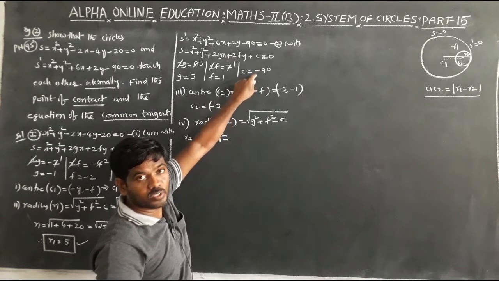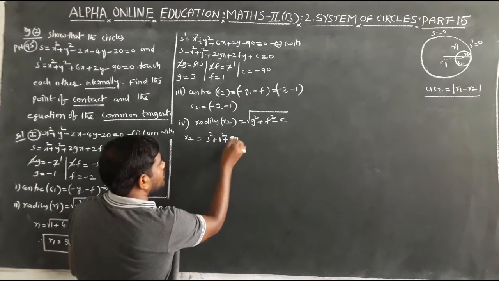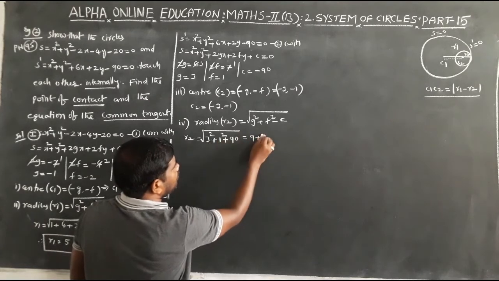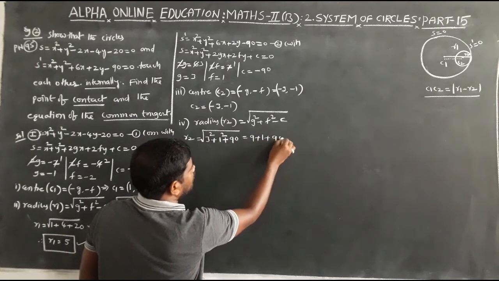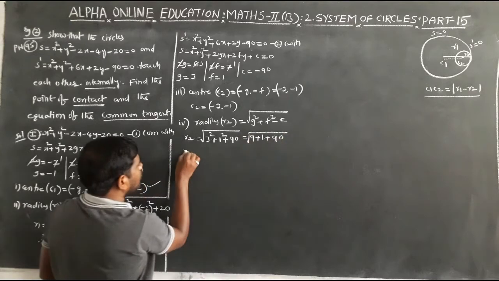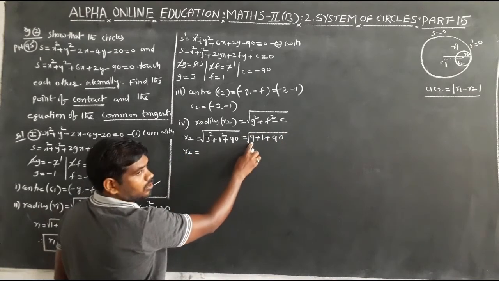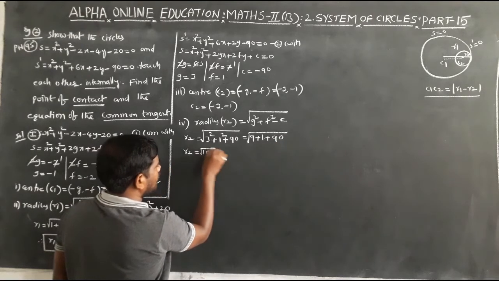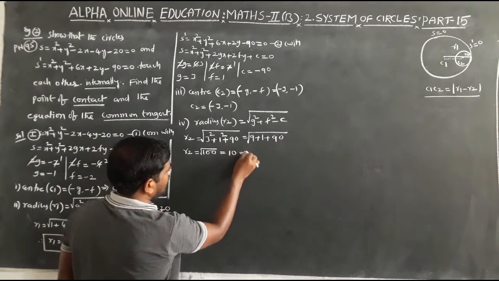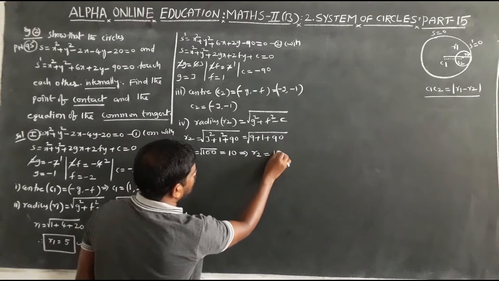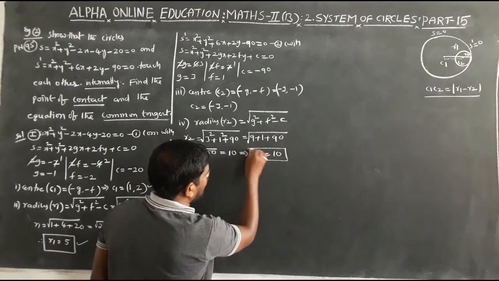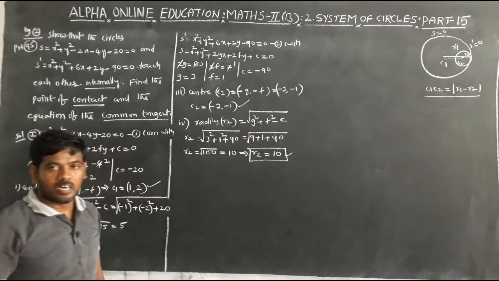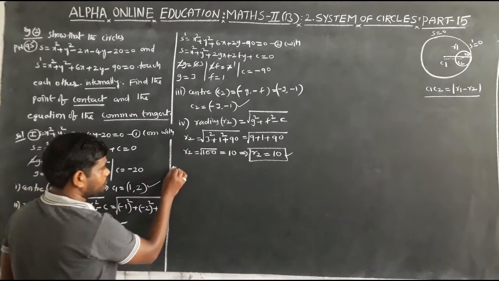C = −90, so minus into minus gives plus 90. 3² is 9, plus 1² is 1, plus 90, under root. R2 = √(9 + 1 + 90) = √100 = 10. Therefore R2 = 10. This is the center and this is the radius of the second circle.